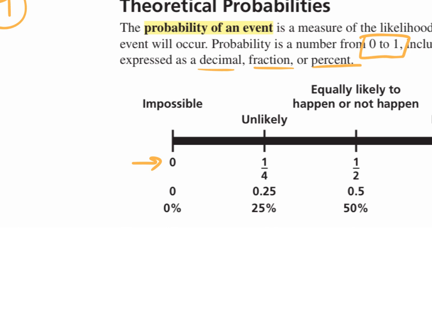So here it shows all of the probabilities as a fraction. The next one as a decimal, and then the third one as a percent. You can write your answer as either a fraction, decimal, or percent.